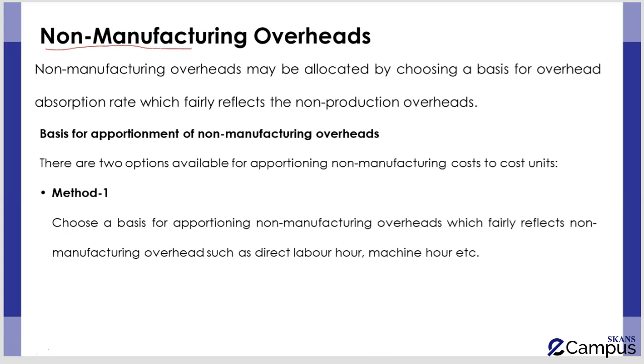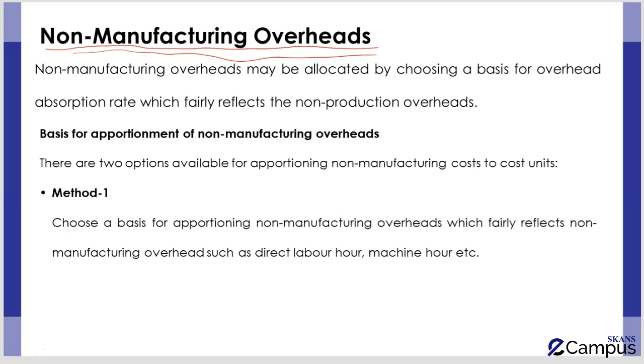Non-manufacturing overheads are not apportioned or reapportioned because normally they belong solely to non-production functions, like administration cost directly associated with admin, marketing associated with selling cost, and distribution associated with the distribution function.